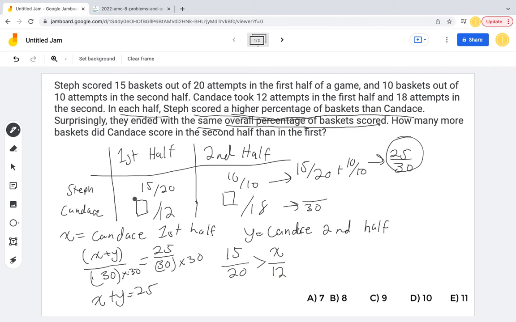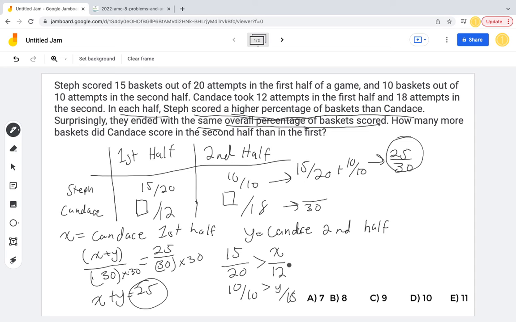We do the same thing for the second half. So 10 over 10 must be greater than y over 18. Now we just need to find those values. But remember, they have the same overall percentage, so x plus y must equal 25.